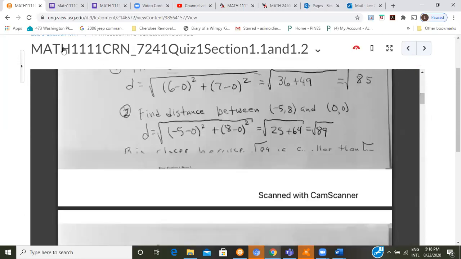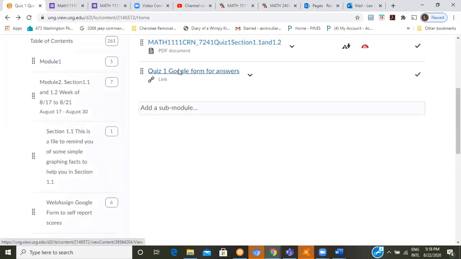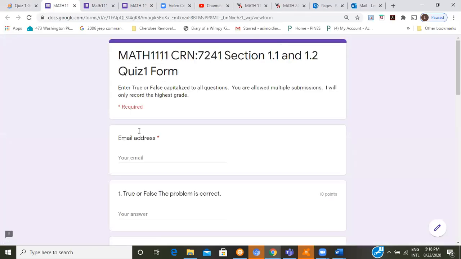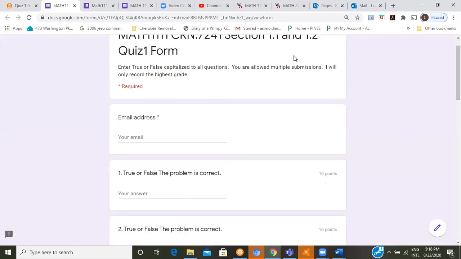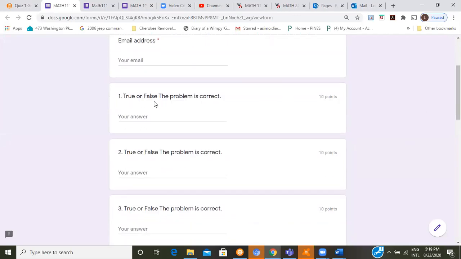To give the answers, you go to the Google form for answers. And this is just like the syllabus quiz. You enter your email address. You allow multiple submissions, enter true or false, capitalize, again, only the first letter. You're going to literally type, in effect, you're grading me.